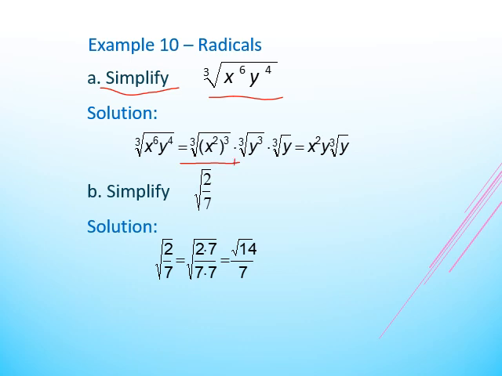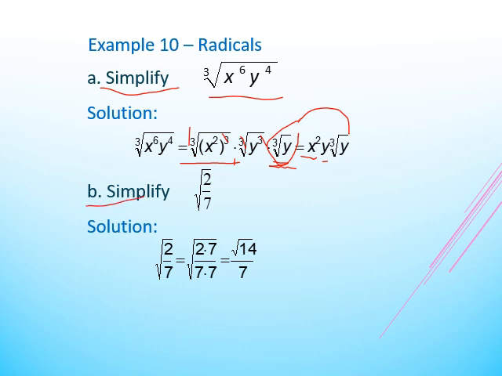And here times the third root of y to the power 3. And finally, the final one, which is the third root for y. Now we can eliminate the power with the radical sign to get x squared, the power 3 with the radical sign to get y, and finally this value will remain the same, third root for y.